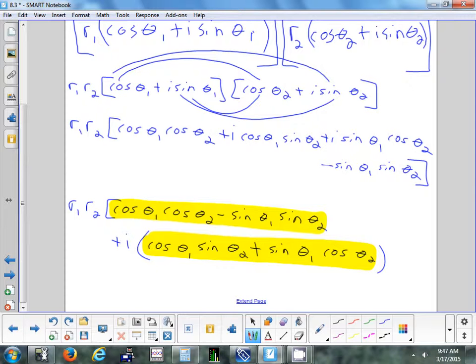And if you need a hint, it was an identity from section, let's see, 7.5. Nick? It's cosine of theta 1 plus theta 2. Exactly. All of this is just cosine theta 1 plus theta 2. This is the formula for taking a cosine and splitting it as a sum. So all we had to do is add the angles. Right? So we'll just replace everything that's highlighted in yellow with this.